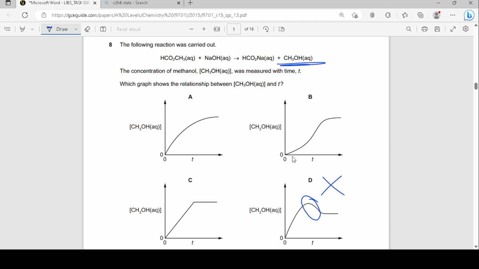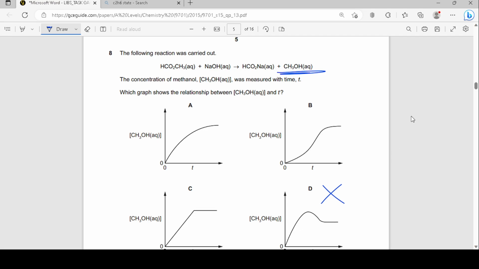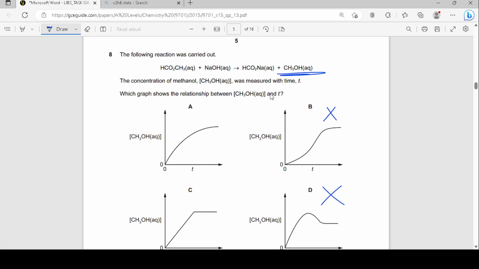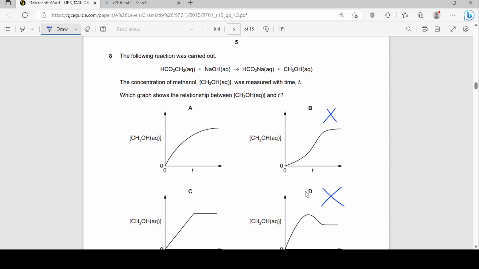And this would probably be the graph if it was an autocatalytic reaction, but we can't assume that, because they didn't say that it's an autocatalytic reaction. If they didn't say it, don't assume it. So we can cancel out B and D.